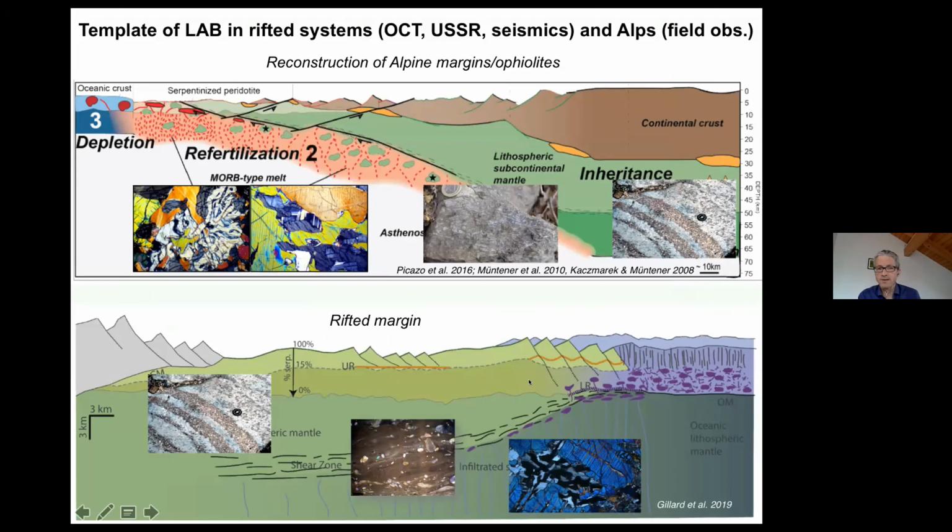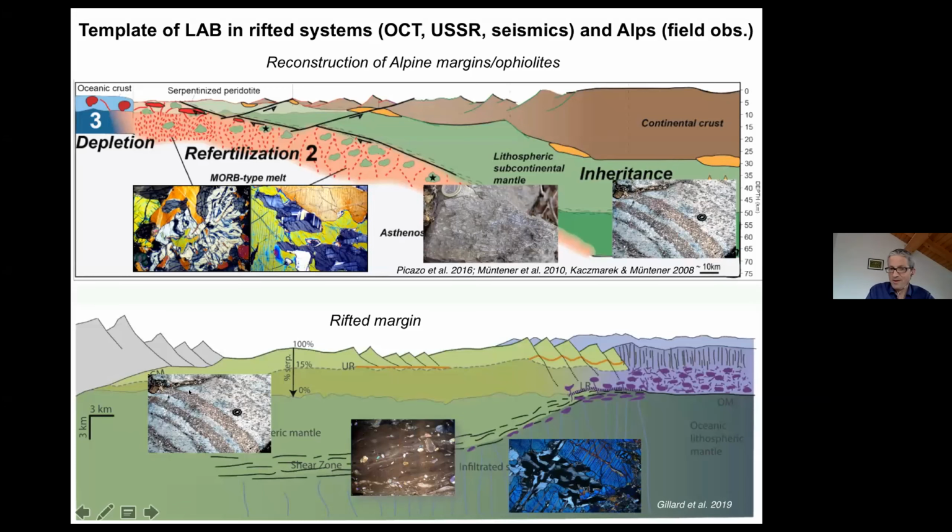Apologize that in one the continent is on the left-hand side and in the upper figure the continent is on the right-hand side. The topmost picture is a reconstruction from results from the Alps, while the lower part indicates sort of a generalized rifted margin like the Antarctic-Australian margin or Iberia-Newfoundland.